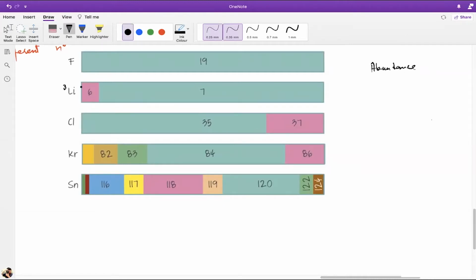So for example, over here, lithium, I do not know the exact value, but let's suppose this is basically 10%, and the rest of it is 90%. I'm just making it up, okay? But let's suppose 90% of the lithium that you find in nature has a mass of 7, and 10% of it has a mass of 6.